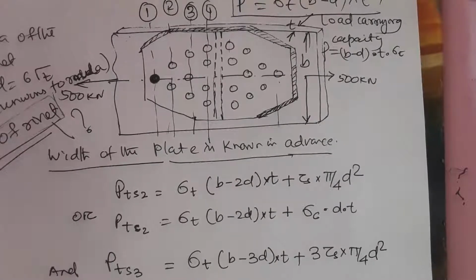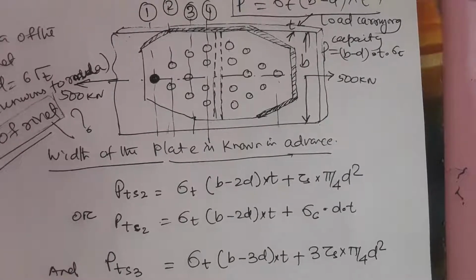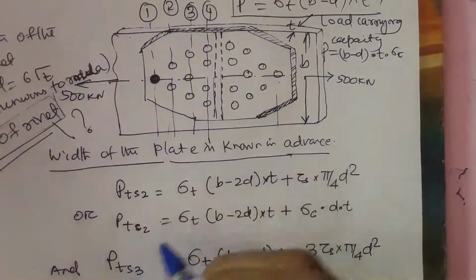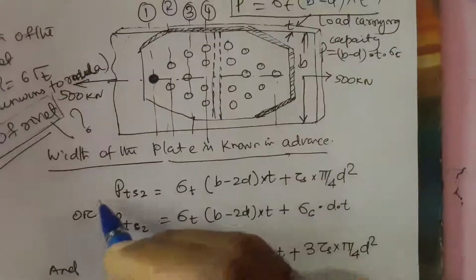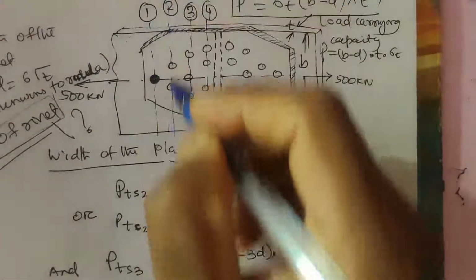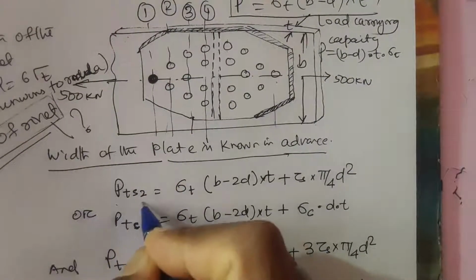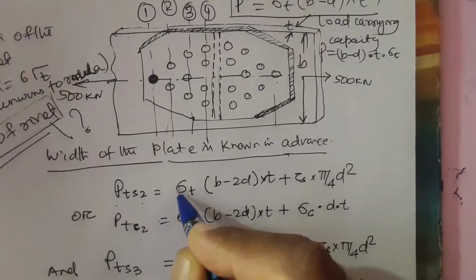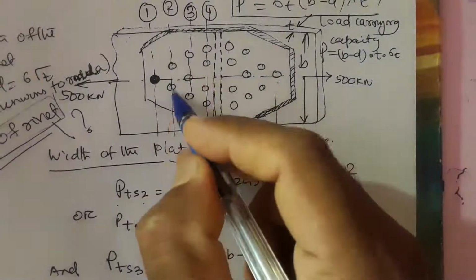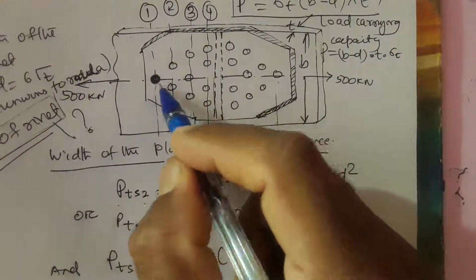The strength of this mode is denoted by this formula. Suppose you want to find the tearing strength at this section. So PTS2 is the tearing strength at row 2 in shear, that is, with all the front rivets shearing.